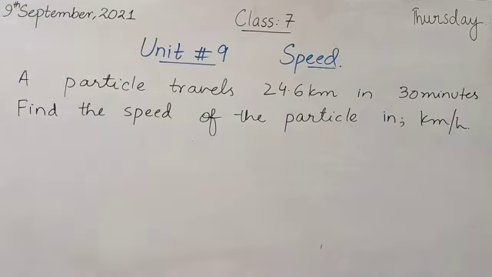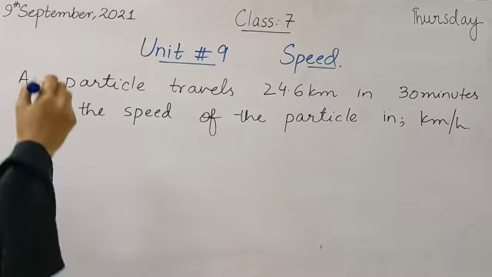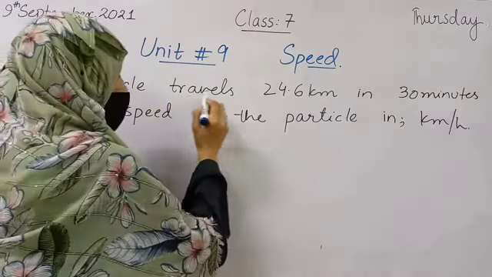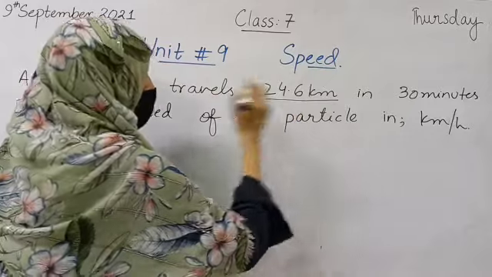A particle travels 24.6 kilometer in 30 minutes. Find the speed of the particle in kilometer per hour. What is the distance? A particle travels this.